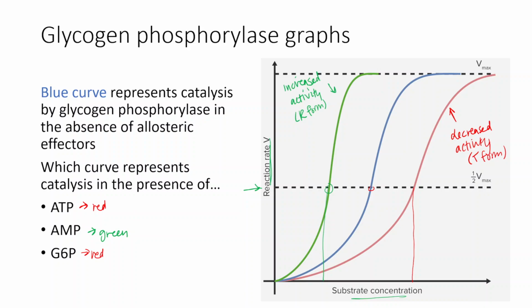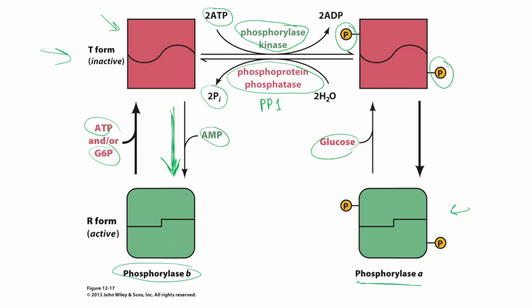And yeah, I think one other last thing I wanted to say about this is this curve has a sigmoid shape, right? It's not just plain hyperbolic. So this is going to show us that there's some cooperativity happening here. And the cooperativity that we see is because there are two possible phosphate groups that can be added onto glycogen phosphorylase. So if you look in our last picture, two phosphate groups.